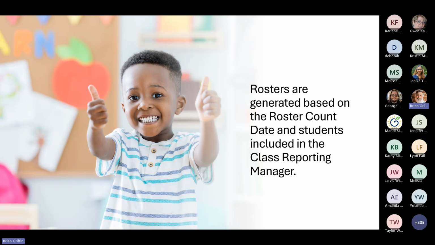On September 12th, any students who are currently entered in your class reporting manager and are eligible to be on this roster, the system will create roster records for those students. So on Friday, you can go to your Manage Rosters tab, and the roster records will be generated right there for you. Roster records are not generated until each count date for each roster cycle.